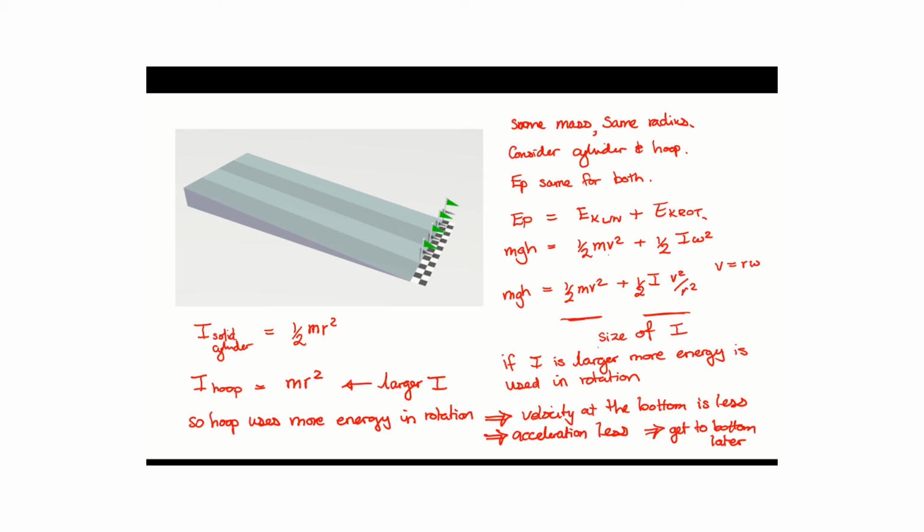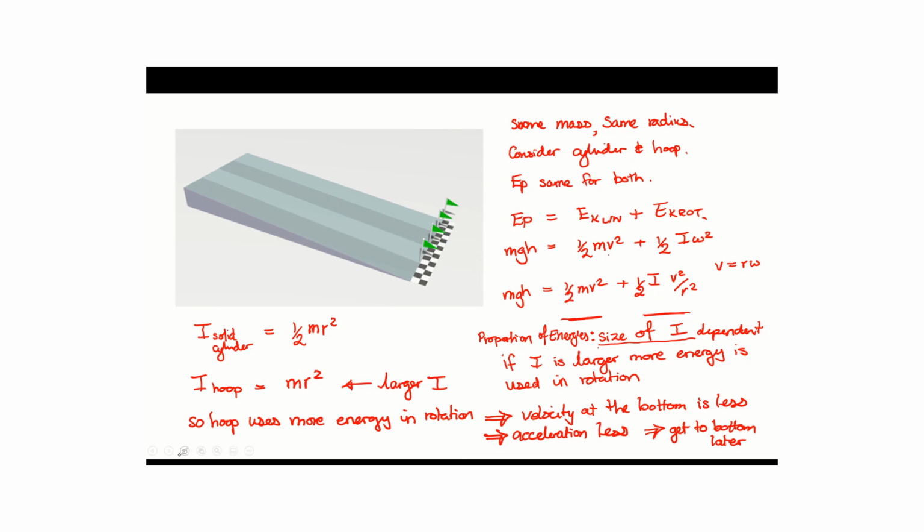So it's that proportion between the linear and the rotational energies, how it splits, depends on the size of I. So that's something you need to remember as things are rotating.